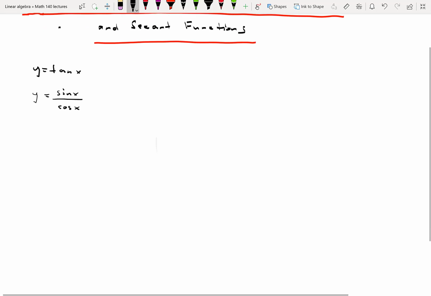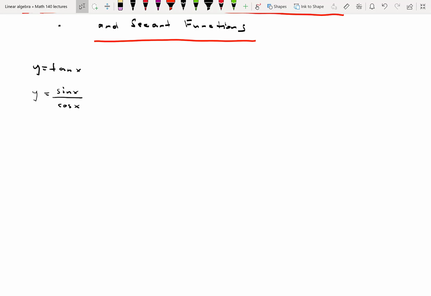We can consider the tangent function as sine over cosine, and the first problem point for the tangent function is where the cosine of x equals 0. Where is the first positive point at which the cosine equals 0? And that point is pi over 2.